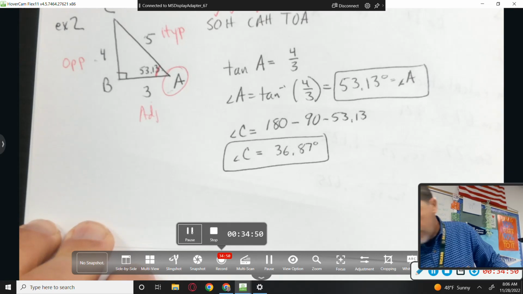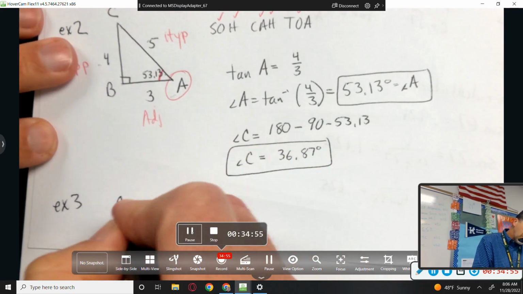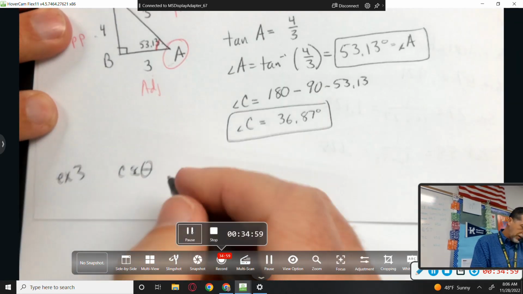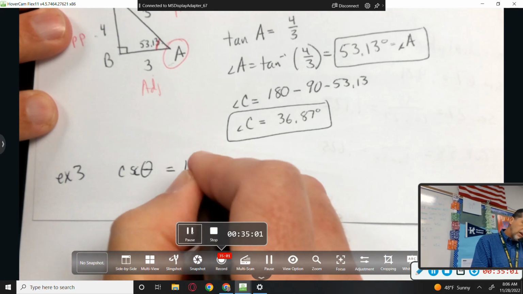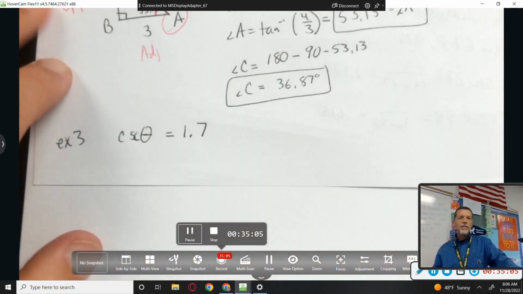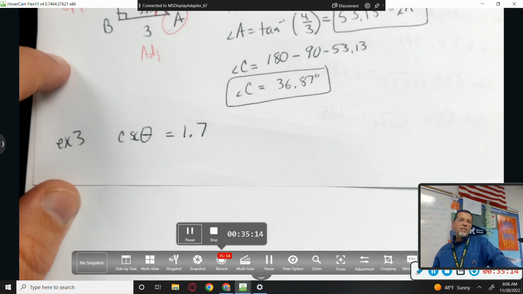All right, I need to do one more. If the cosecant of theta equals 1.7, how do I figure out what theta is? Cosecant of theta equals 1.7. I'd like to do inverse cosecant, but I don't have that option on the calculator.